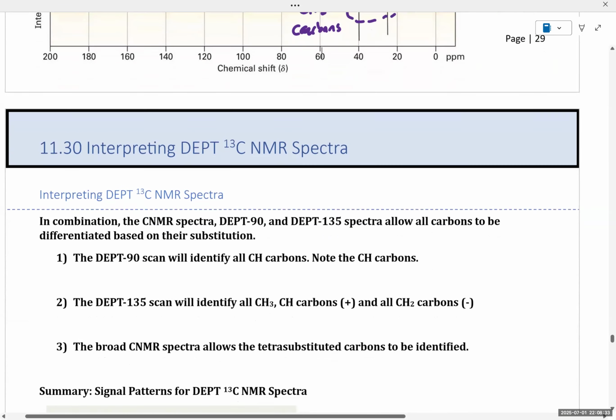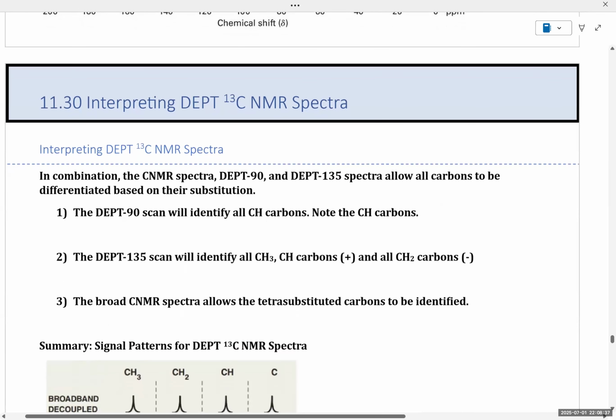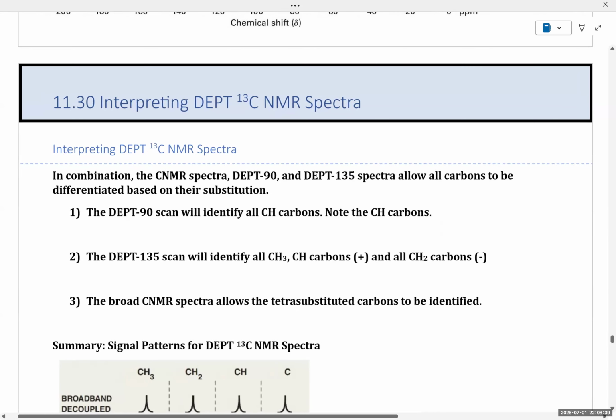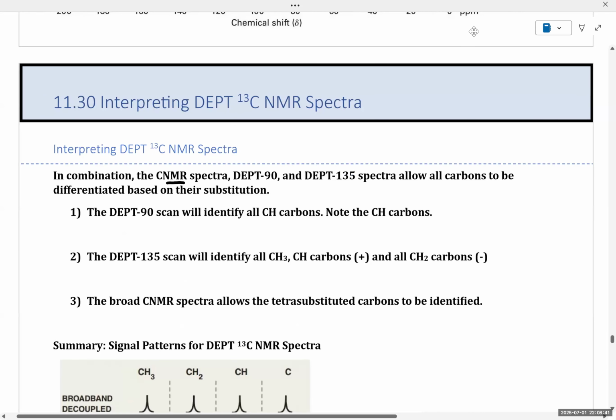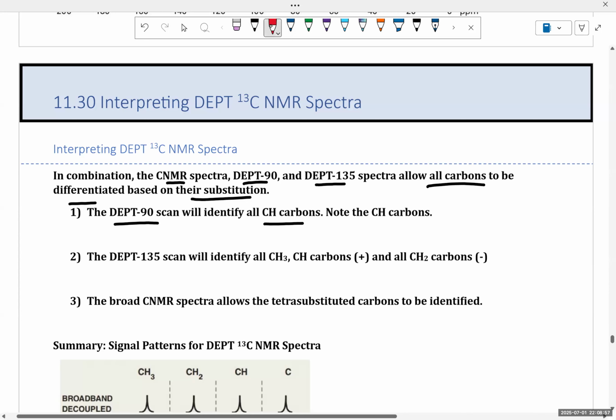Now, how do we go about interpreting DEPT carbon-13 NMR spectra? In combination, the carbon NMR spectra, DEPT 90 and DEPT 135 spectra, allow all carbons to be differentiated based on their substitution. The way that you do this is first you check the DEPT 90 spectra. That identifies all the CH carbons.